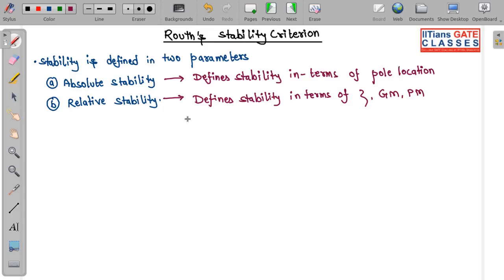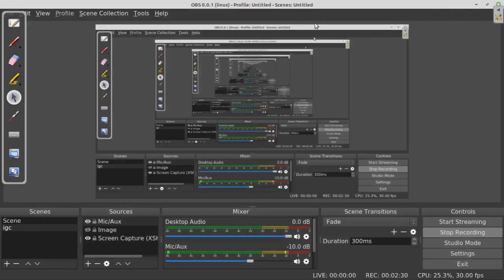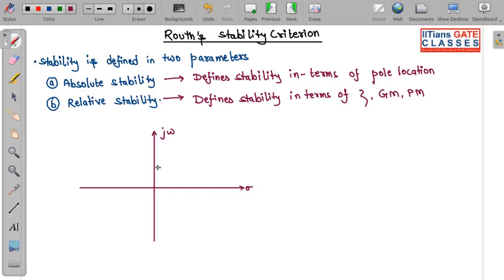Okay, so I told what, if this is your S plane, if this is sigma, this is j omega, and if this is your S plane, then if your poles lie in the left hand side of S plane, that is in this region, so this will be your stable system.